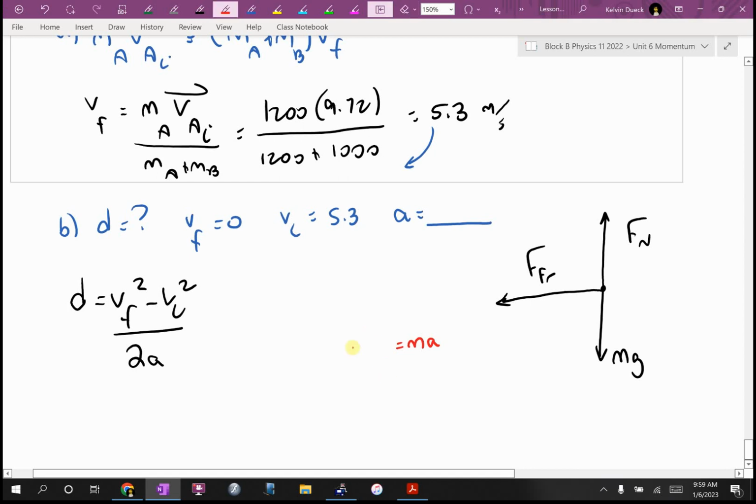Friction is mu times the normal force. That equals ma. I don't know the normal force. Oh, but look, I know the force of gravity is the same size as the normal force. That equals ma. And so if I want to get the a by itself, I'll divide by m. In fact, the m's cancel. What I really get is this: a is mu times g.